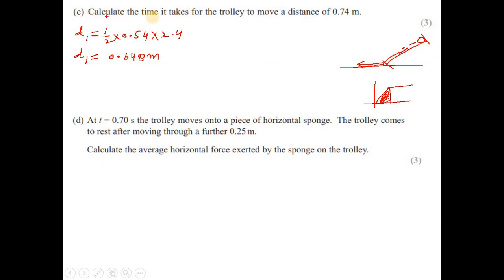And we need to find the time for the total distance of 0.74. So if we subtract the length of the ramp from the required distance, we can have the distance D, which is the extra distance. So 0.74 minus 0.648, and this distance is some distance from the end of the ramp on the horizontal.